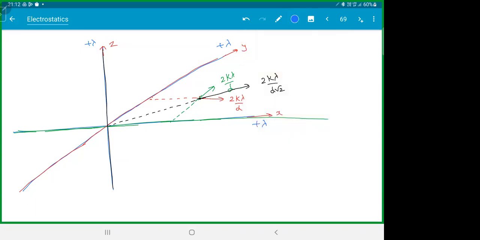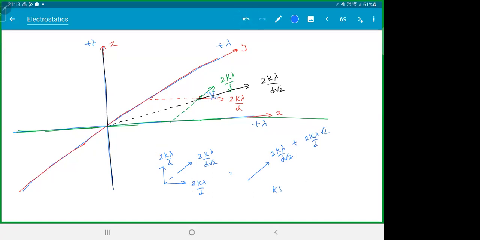And what is the angle between them? 45 and 45. So if you see from the top view, this is how it looks. 2k lambda by d, 2k lambda by d, 2k lambda by d root 2. So the resultant will be in this direction, which is 2k lambda by d root 2 plus 2k lambda by d root 2, because of i square plus j square, the magnitude. So just add this up.